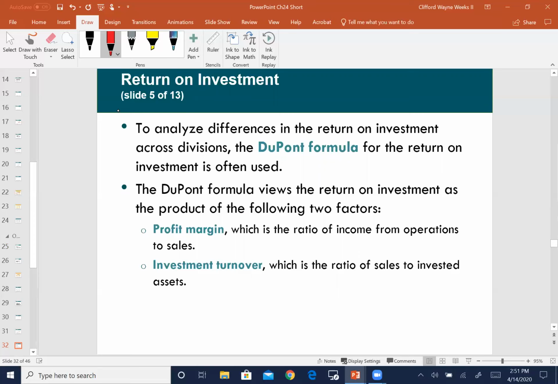And they're the ones that came up with the DuPont formula. The DuPont formula basically takes that return on investment and breaks it into two parts: the profit margin and the investment turnover. The profit margin shows your profitability, whereas investment turnover really shows how efficient you are in using your assets.